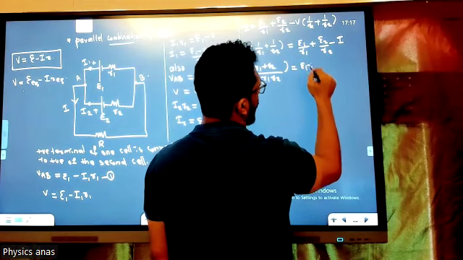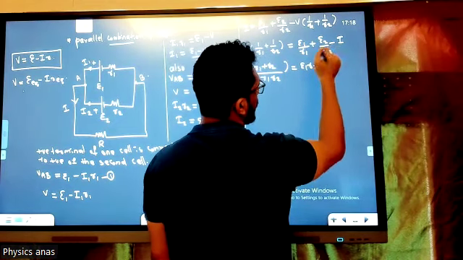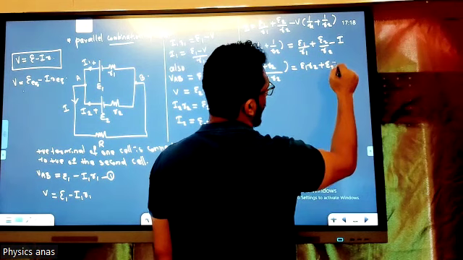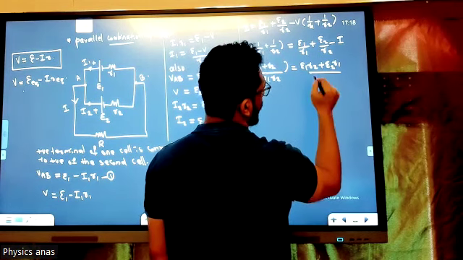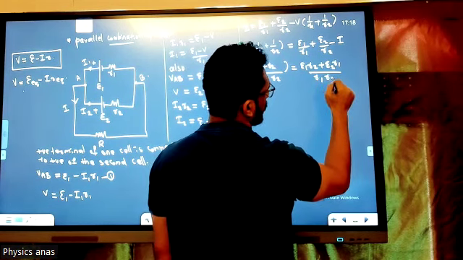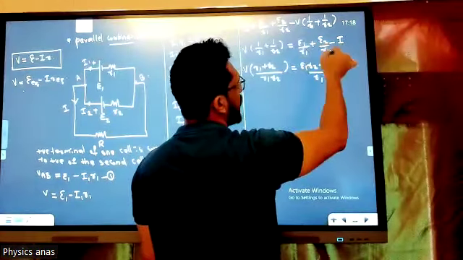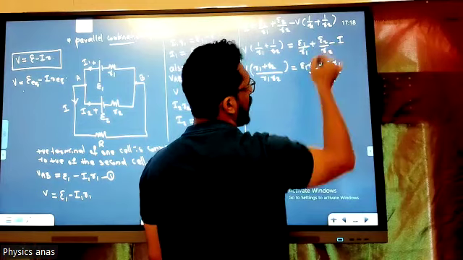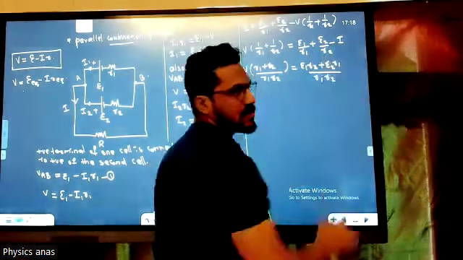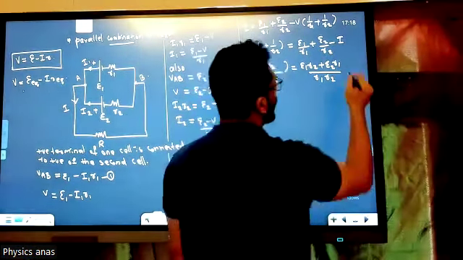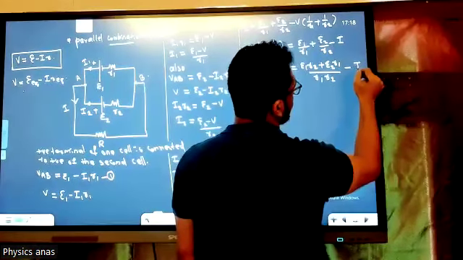E1 into R2 plus E2 into R1 divided by R1 R2. Is that okay? I am cross multiplying this. E1 into R2 plus E2 into R1 divided by R1 into R2. Is that okay? Okay, minus I.